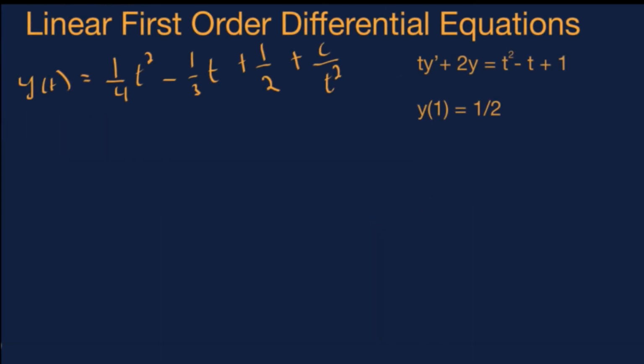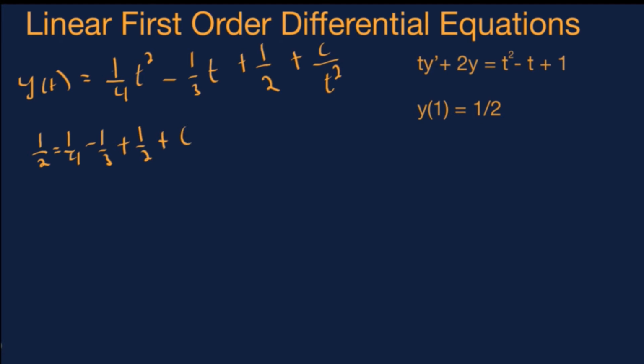Now that we have our general solution, to solve for a particular solution, we can plug in the values of the initial condition and then solve for the constant of the particular solution. When we do that, we get 1/2 is equal to 1/4, and t is 1, so it's just 1/4 minus 1/3 plus 1/2 plus c.